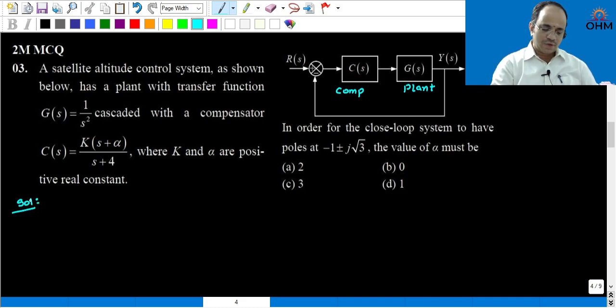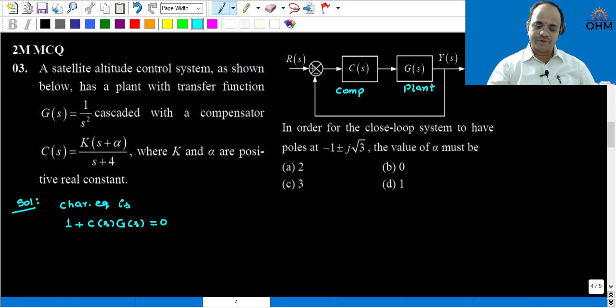So, what I can do now, first with the given plant and transfer function, let us find out the characteristic equation. The characteristic equation is 1 plus C(s) G(s) equal to 0. You can also make one more observation. The plant is type 2.